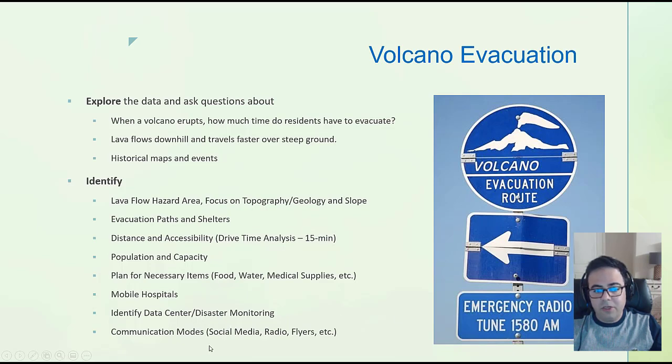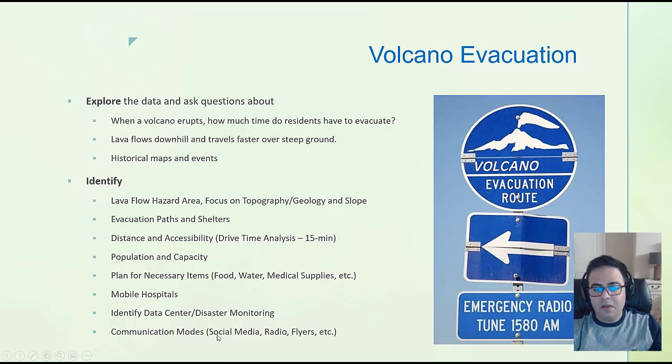And of course, the communication modes to the residents. That's another thing to think about, how we can communicate with them. Maybe the internet would be great, so we can communicate with them, guessing that they have access to the internet and know that they have to look out for the evacuation notices, but maybe that's not the case.